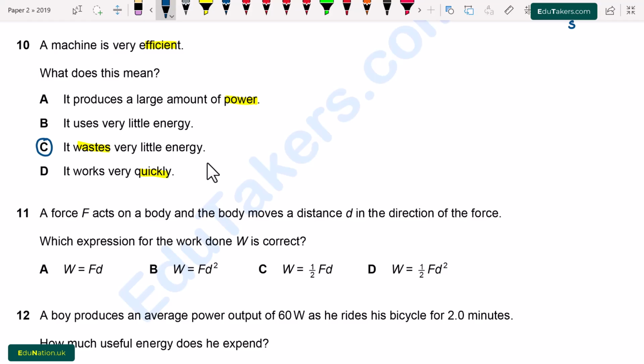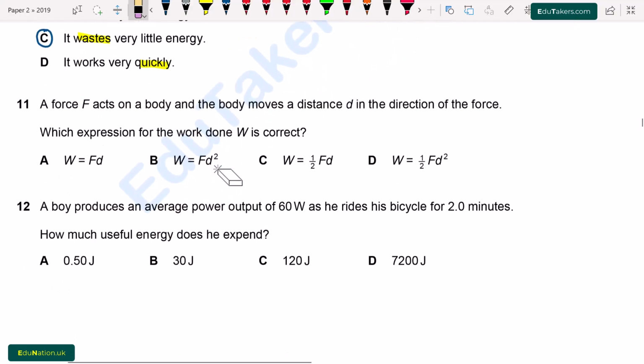Question number 11. A force F acts on a body and the body moves a distance d in the direction of force. Which expression for the work done W is correct?